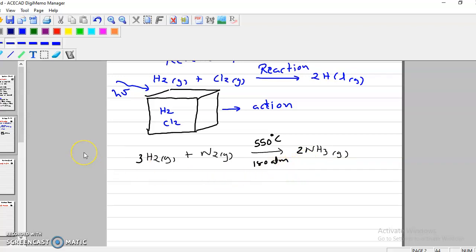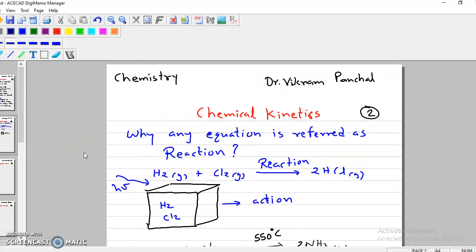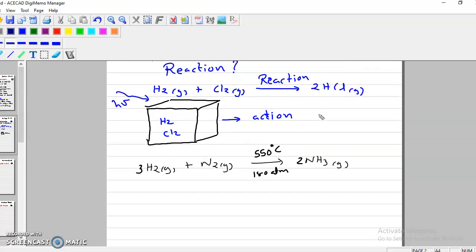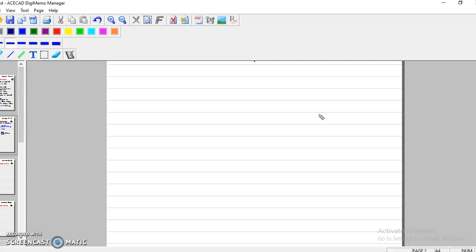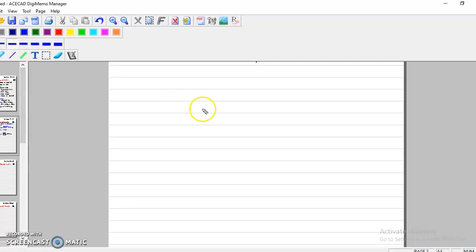So in this chapter of chemical kinetics, the most important part is reaction. The name of the chapter is chemical kinetics. It is related to kinetics. Now kinetics means motion and chemical means chemistry. So it is regarding the motion of chemicals.